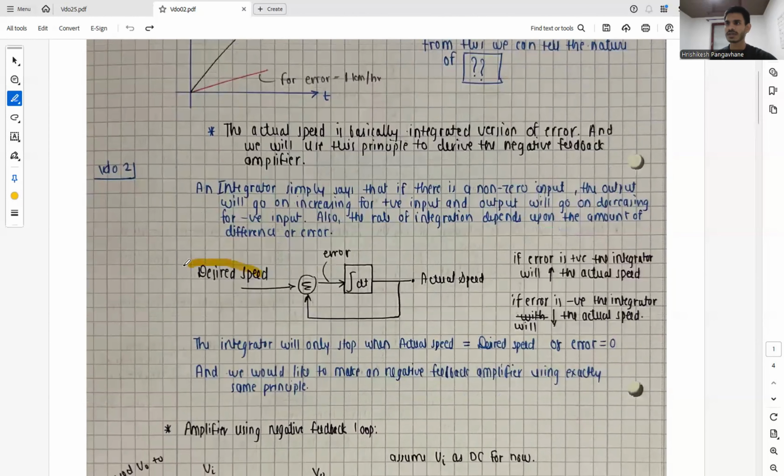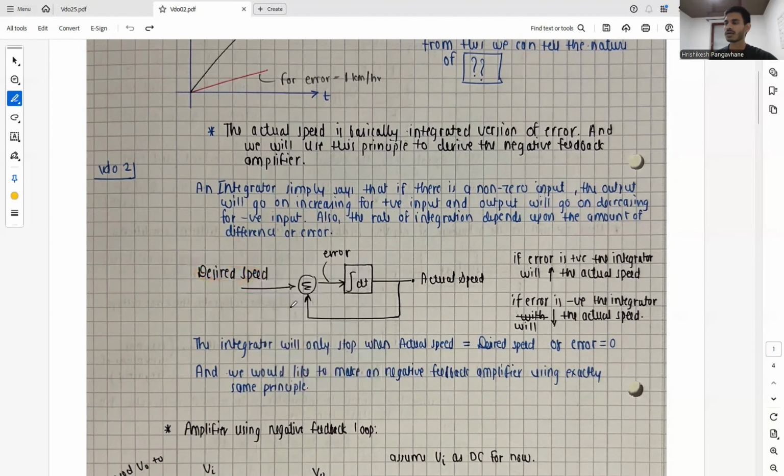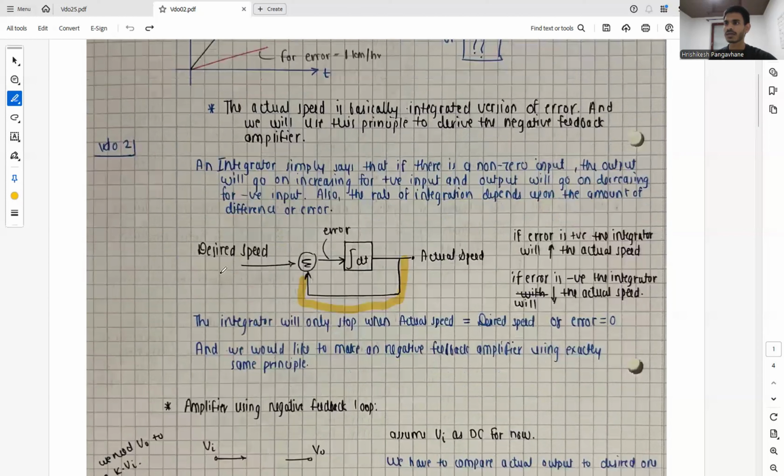And as we had our desired speed, what we are targeting over here is we have our actual speed. We are taking the difference, which is our error, and we are giving it to our integrator. And as we said, if the error is positive, then the integrator will increase the actual speed.